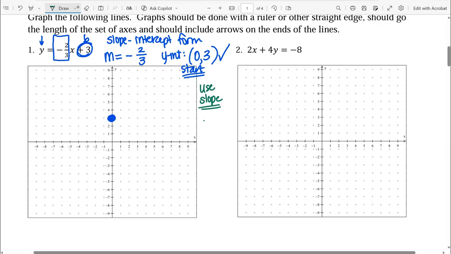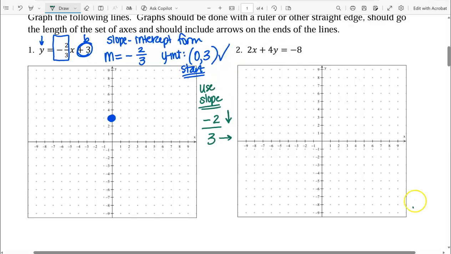So my slope of negative 2/3. Remember, the top number is my rise. So the top number would take me up or down. In this case, down because of the negative. Over is the run. So the bottom number would take me left or right. Because it's positive, I'm going to move to the right.